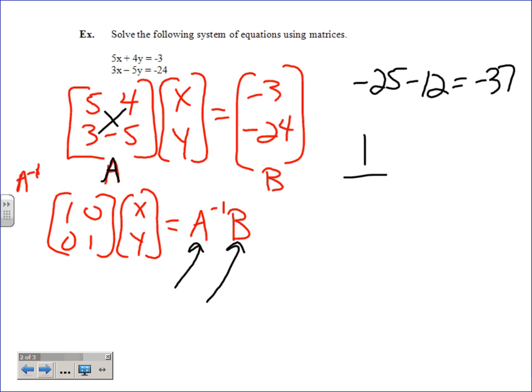So you do 1 over determinant, correct? And then what do you do? Go back to your original matrix, take the positive diagonal, and do what? Switch them.